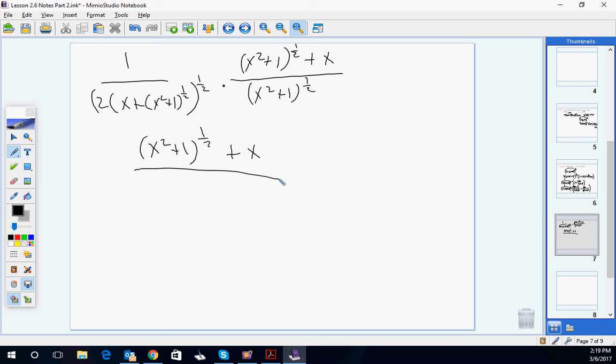And how do I write this on the bottom here? Yeah, we just put it on the bottom. Okay, and then from this point you can write it with radicals if you'd like.